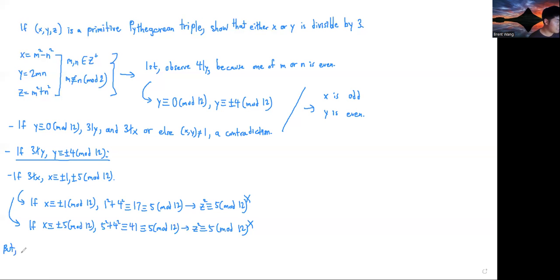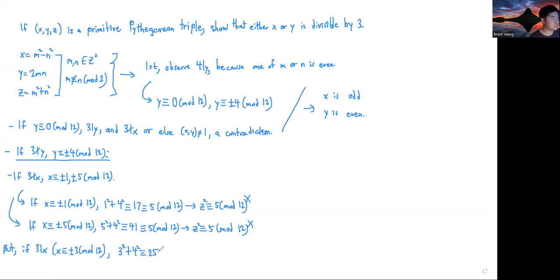But if 3 does divide x, or we could say x is congruent to plus or minus 3 mod 12, then what you have is something that looks like this. You have plus or minus 3 squared plus 4 squared. Aha, that's congruent to 25.